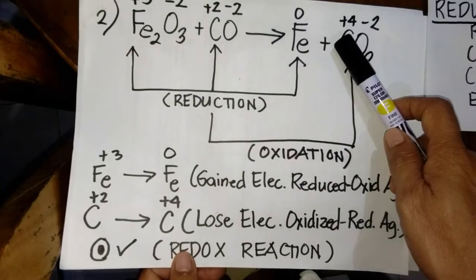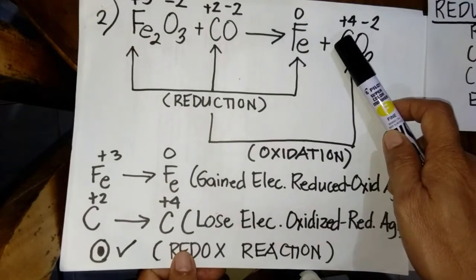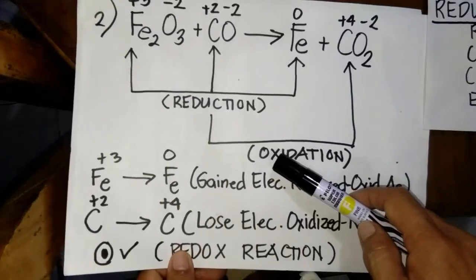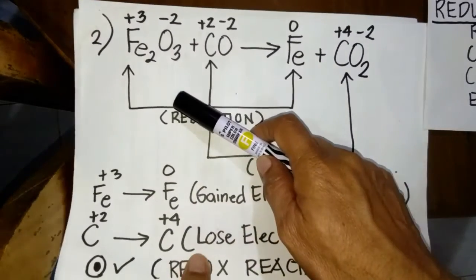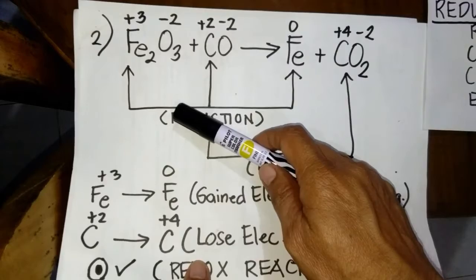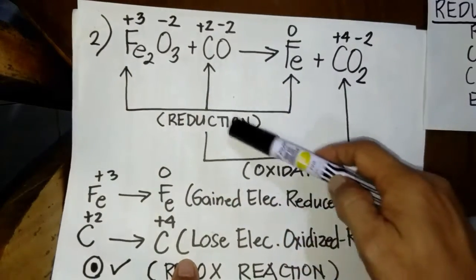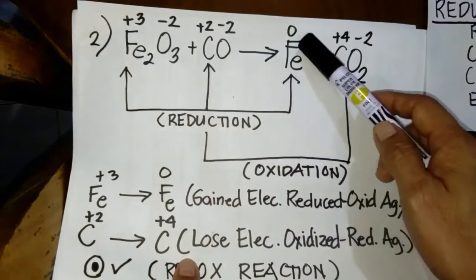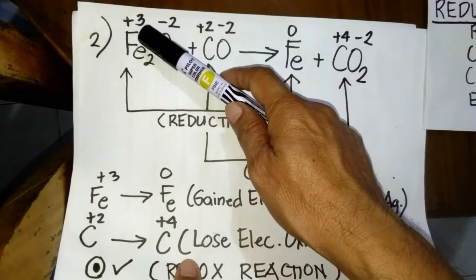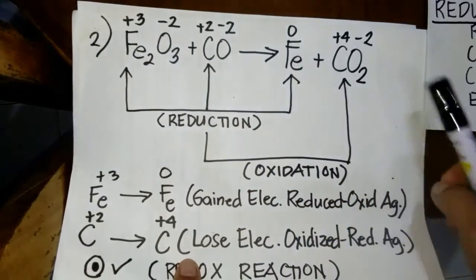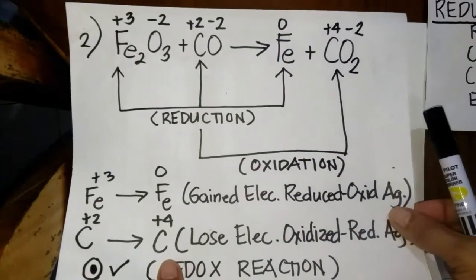That's why it is called oxidation. Now it is a reduction when the oxidation number becomes more negative or less positive. So reduction, the Fe to Fe, because the oxidation number becomes less positive. So that's the rules that we have applied.